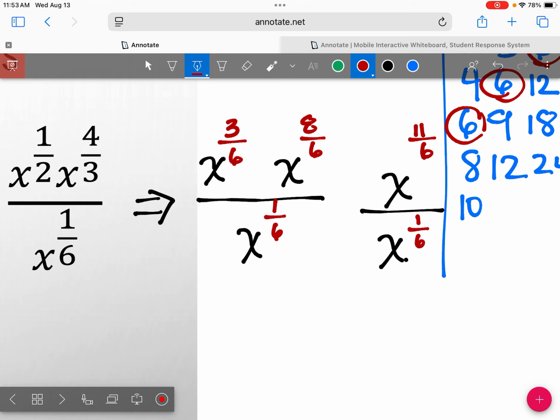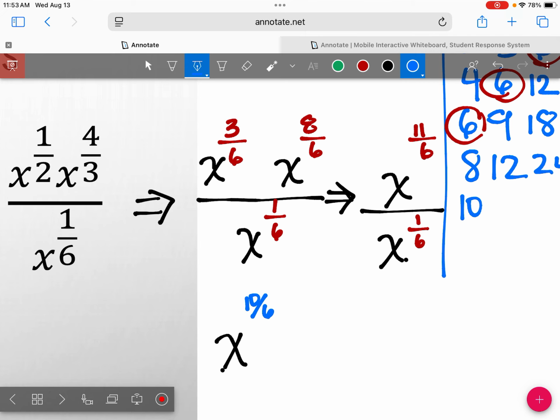So now what do I do with my exponents? So we started off by adding what's on top. And now what do I do? What did you say, Denaya? Not multiply. Subtract. We're going to subtract our exponents, which will give me x to the power of 10 over 6.